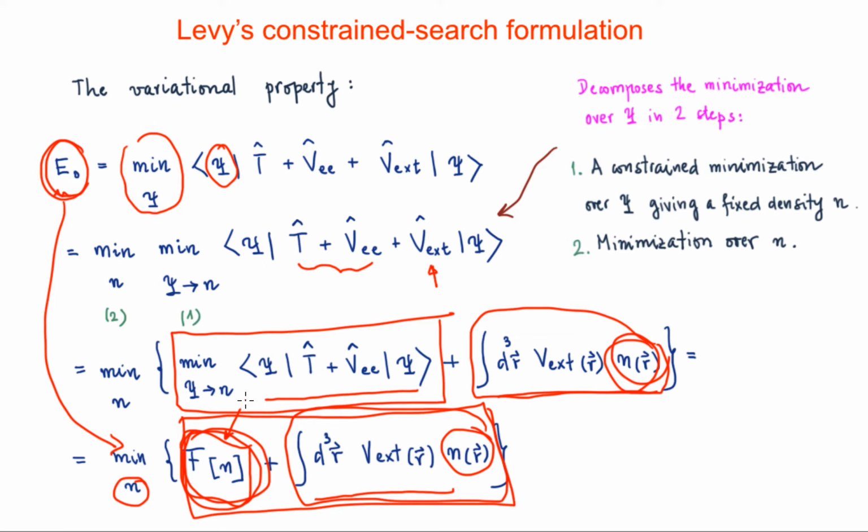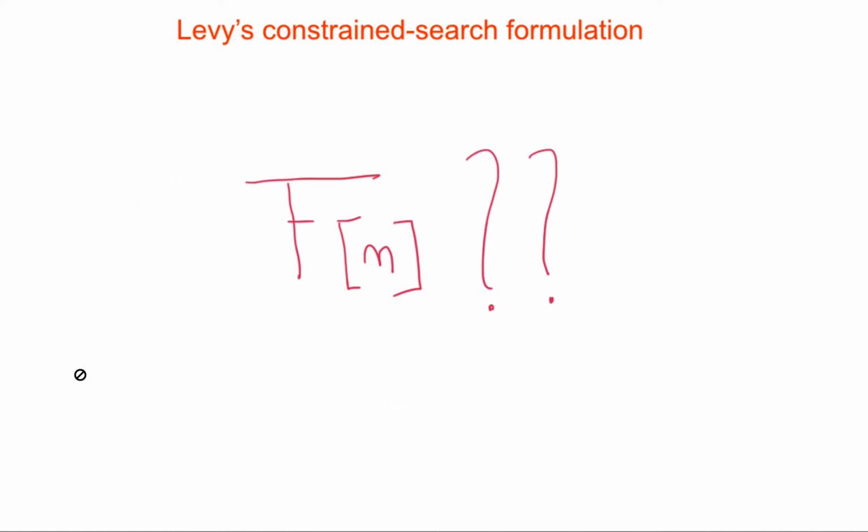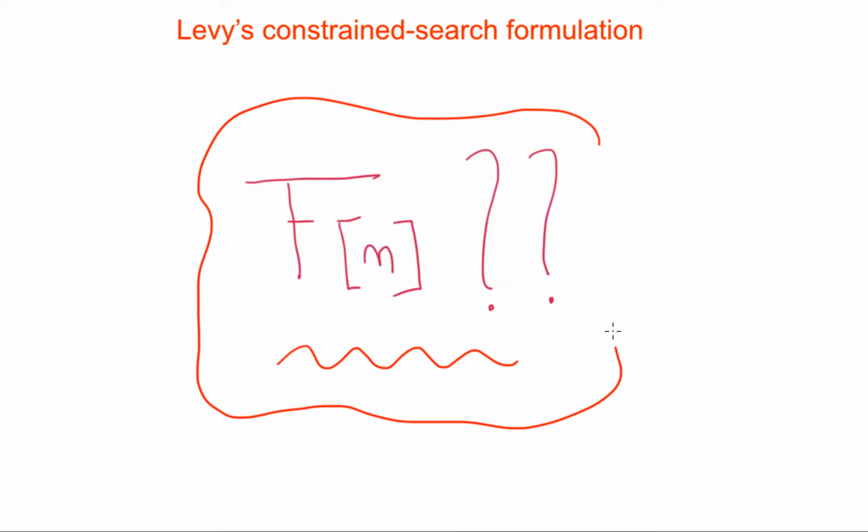However, it's not giving us any prescription of the precise expression that this universal functional can have, and that remains to be done. What could be a precise description of this universal functional? It would be easy, because if we had it, we could solve quite easily, just doing the minimization procedure, and get the ground state energy of any electronic system.